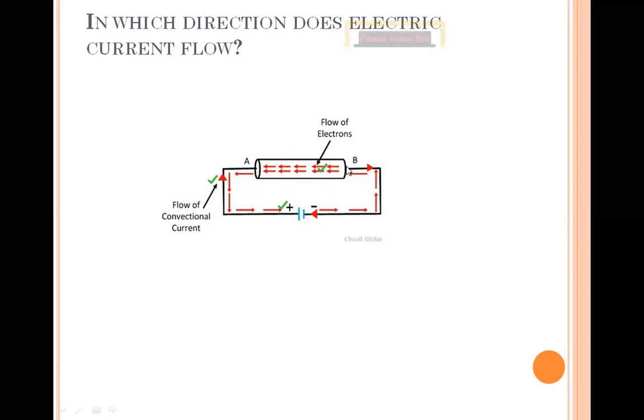Basically, the electrons flow from the negative terminal to the positive terminal of the battery, and the below arrows show the direction of electrons. But if we are going to draw the direction of current, we will put the arrow like that. This is the direction of current. So the direction of current starts from the positive terminal, but the electrons flow in the opposite direction.